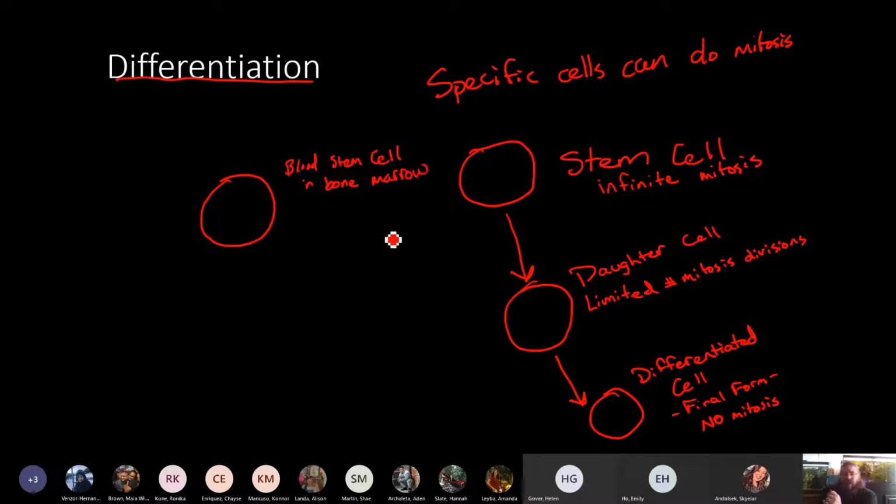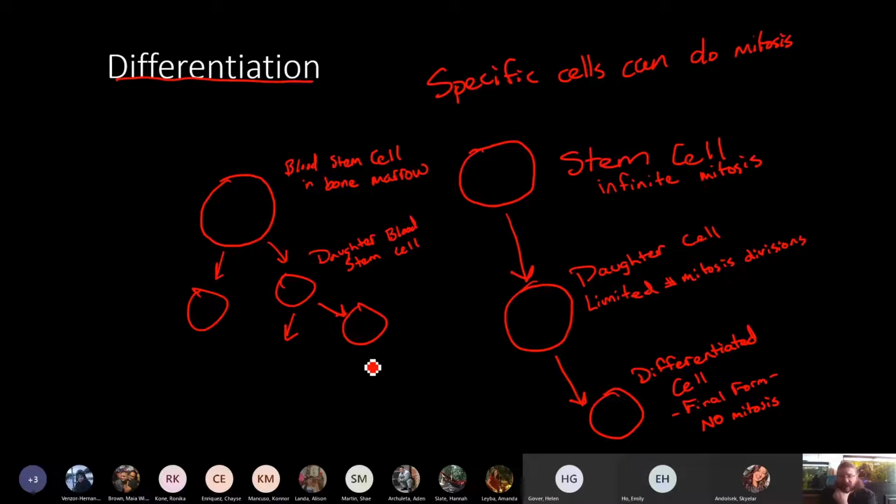Say you've lost blood and you need new red blood cells, right? So the blood stem cell in bone marrow divides. And you get some daughter cells. And that one divides. And usually what happens is you have 1 to 2 more divisions before you end up with a red blood cell.